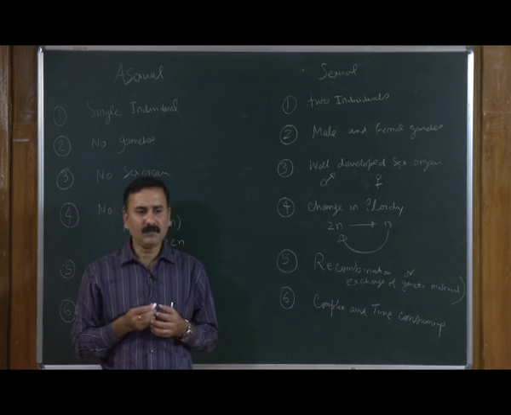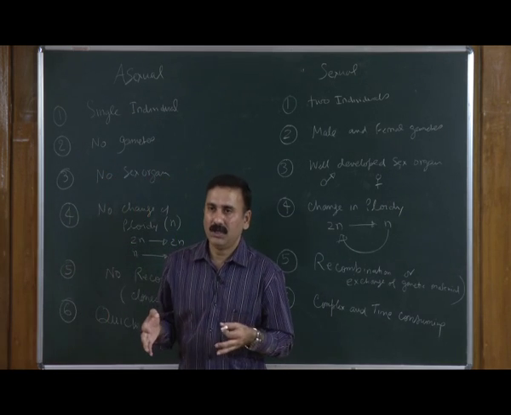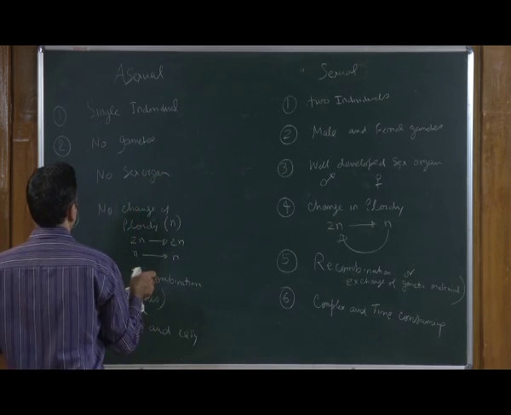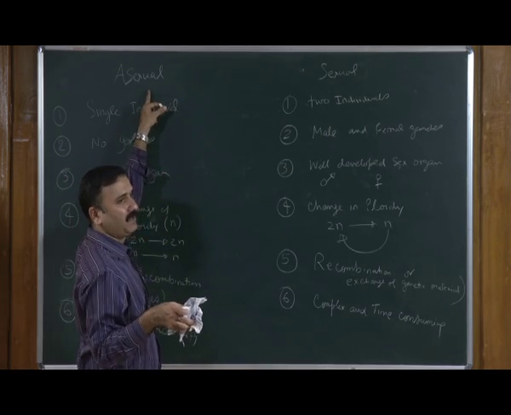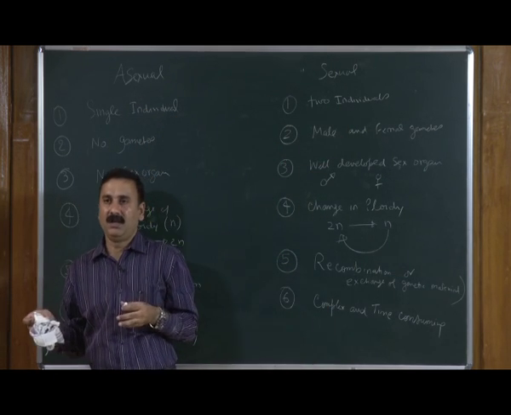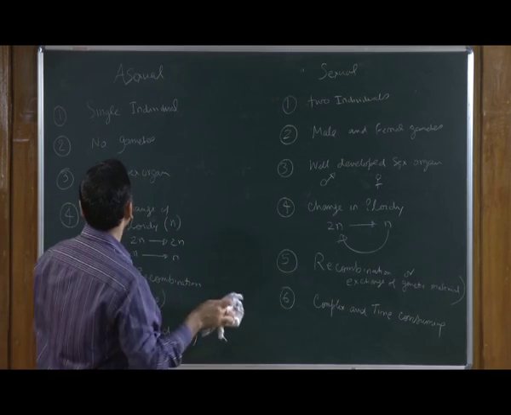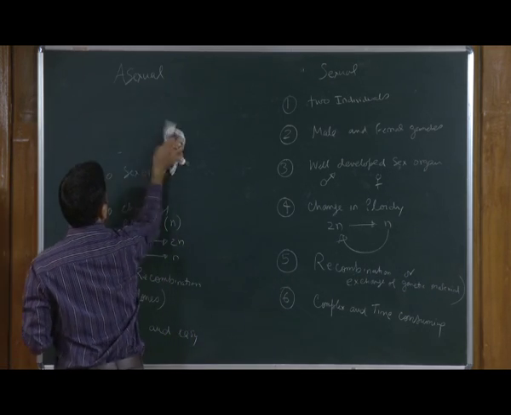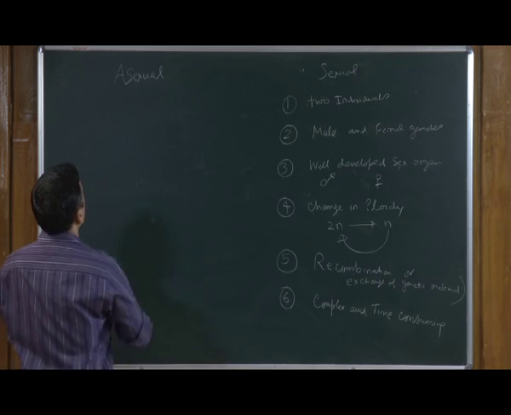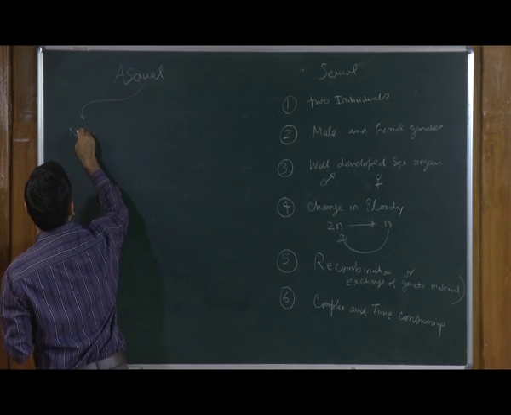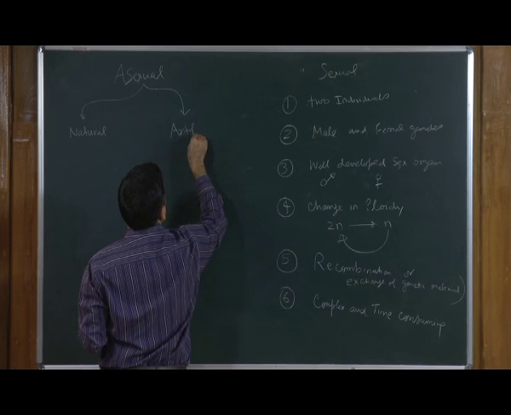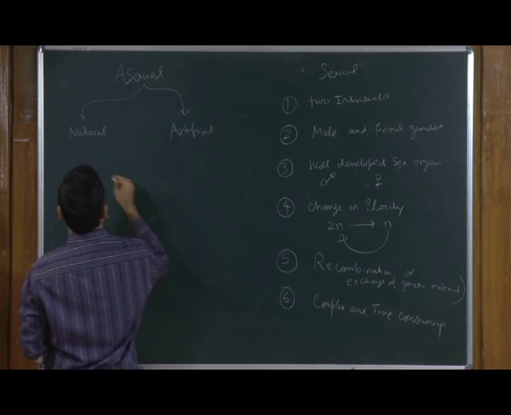So, with this brief introduction, what we are going to discuss in this lecture series is two things. We are going to discuss the different modes of asexual reproduction, and the different steps present in sexual reproduction. Within asexual reproduction, we are going to discuss natural as well as artificial asexual reproduction.